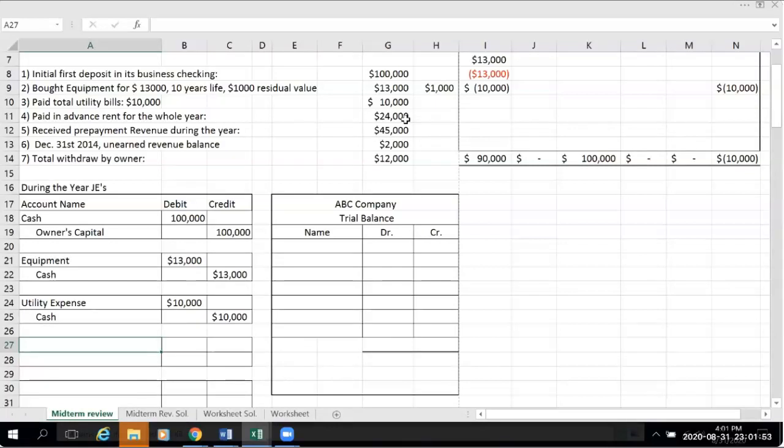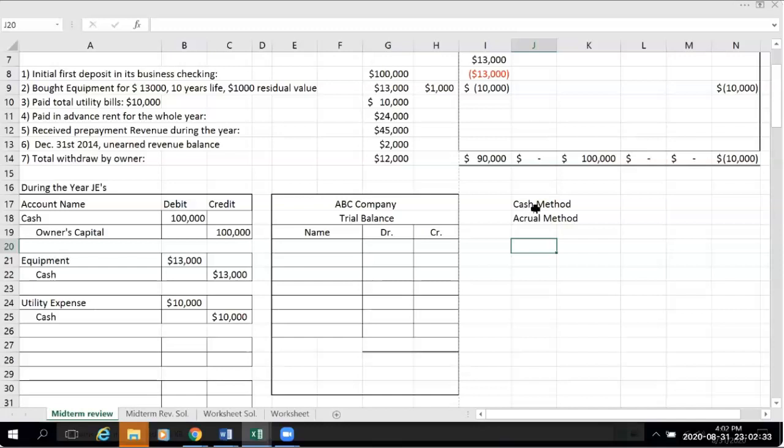cash method of accounting or accrual method of accounting. We have 2 methods of accounting: cash method or accrual method. In the cash method of accounting, you record expense when you pay for it.